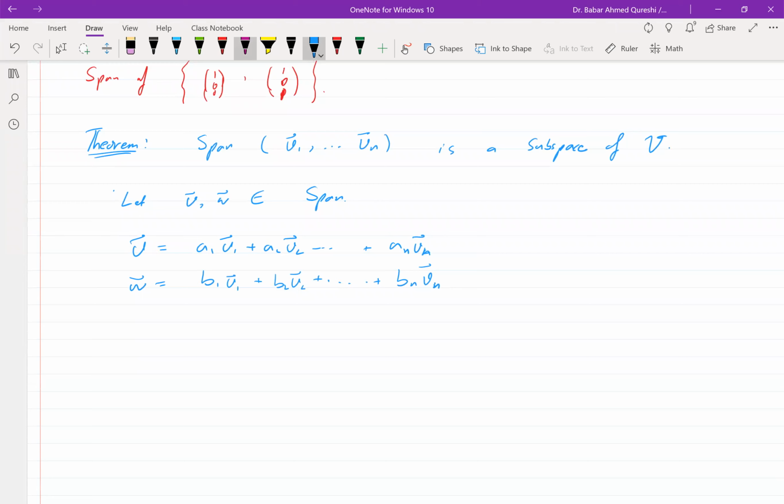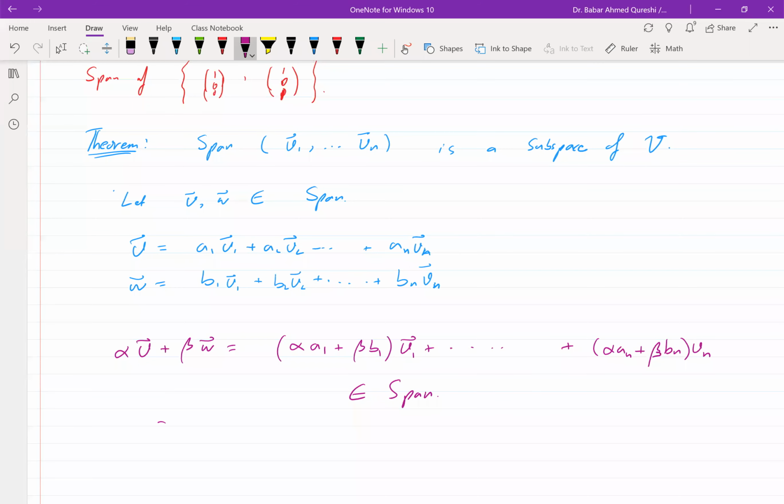Now I just check. This is again in the span, because all I'm doing is taking a linear combination of those same vectors.